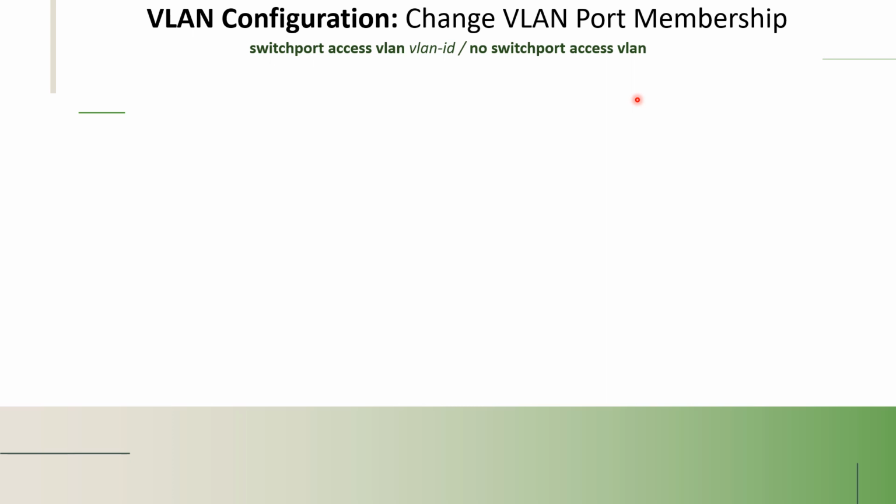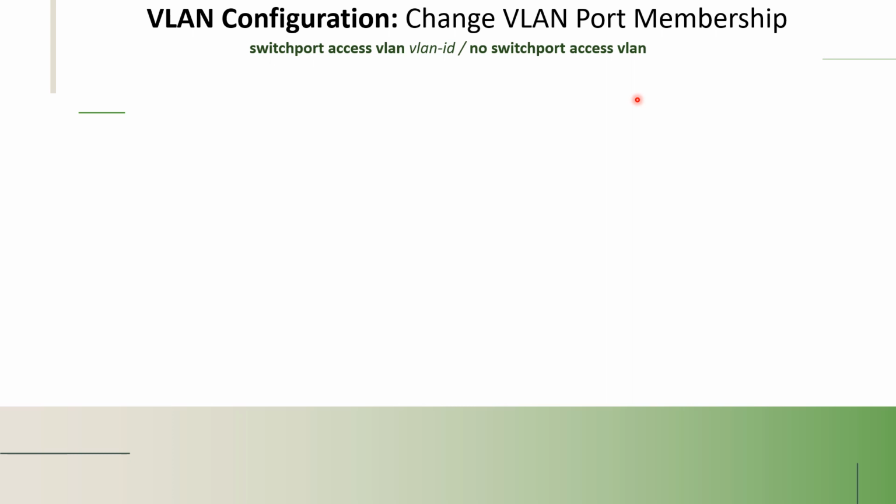As you remember from the first part, we said that VLAN 1 is automatically created in the switch. It cannot be deleted, and all the ports are by default assigned to this VLAN.